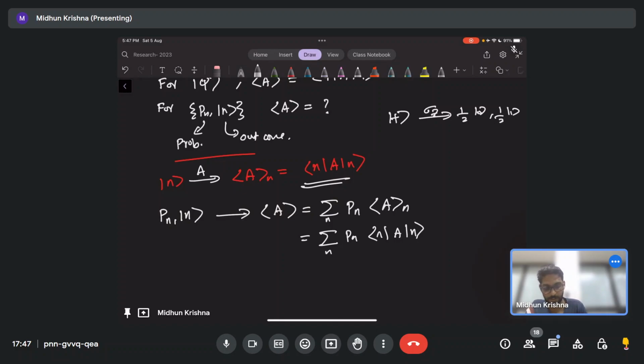Okay. Now we know the completeness theorem, so let's take an arbitrary basis. From the completeness relation, if I do this for all possible k, it has to be identity. So let me rewrite.